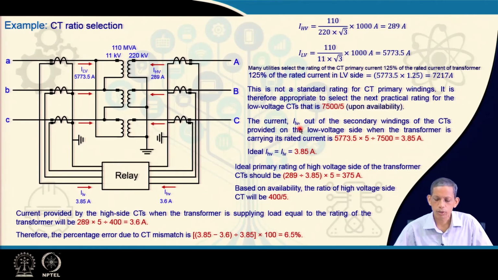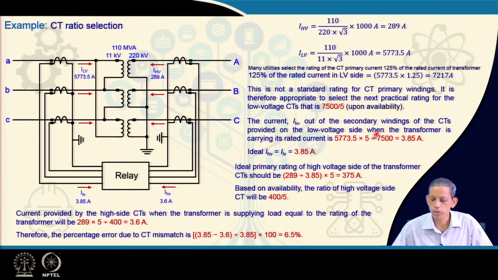Now, if we go to the high voltage side from the low voltage side, consider ILV, the current out of the secondary winding of the CT provided to the low voltage side, when the transformer is carrying a rated current of 5773.5, multiplied by 5 and divided by 7500.